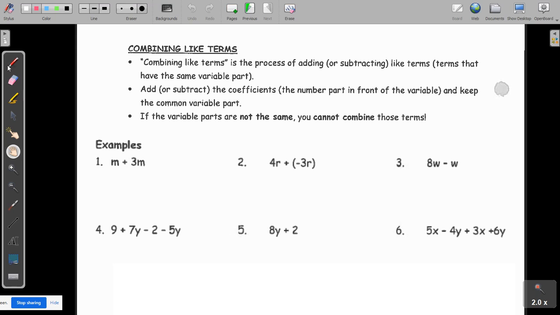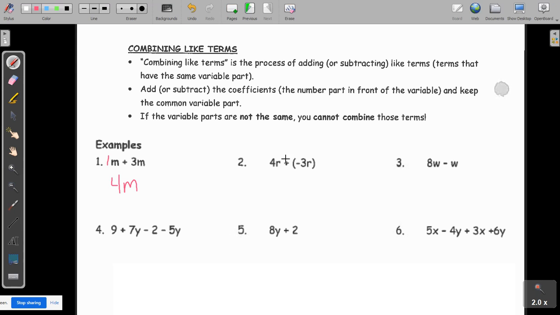So here we have m plus 3m. M, remember, we have an imaginary 1 in front. So we're adding, so we're going to do 1 plus 3, which is 4, and keep the variable part m. Look at the next one. 4r plus negative 3r.